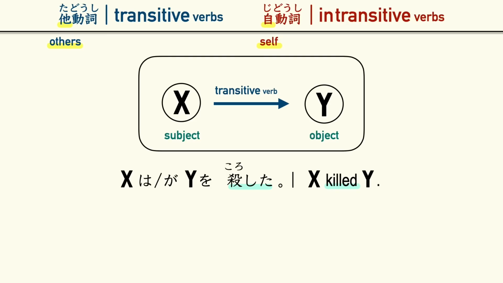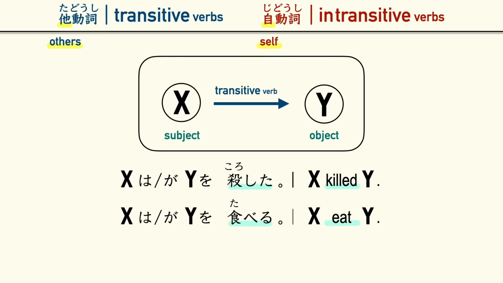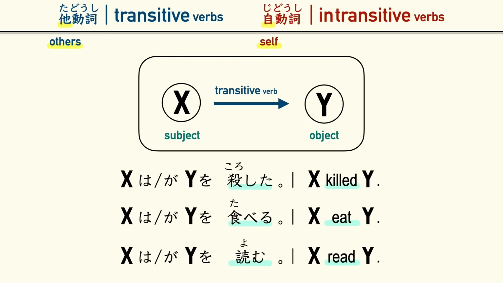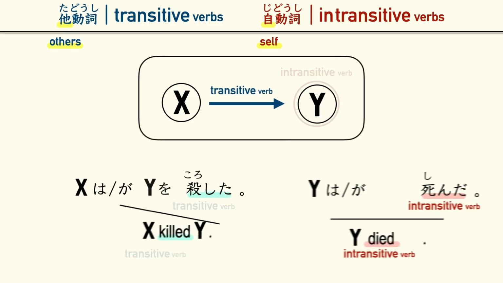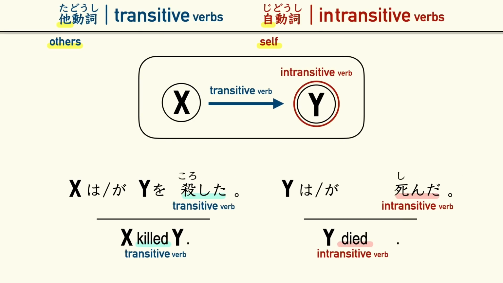Other examples of 他動詞 are 食べる, eat, 読む, read, and so on. In Japanese, objects are marked with the を particle, which means 他動詞 are used with を. Of course, it's okay to omit it though, if it's clear from the context. But 自動詞, intransitive verbs, never take an object.